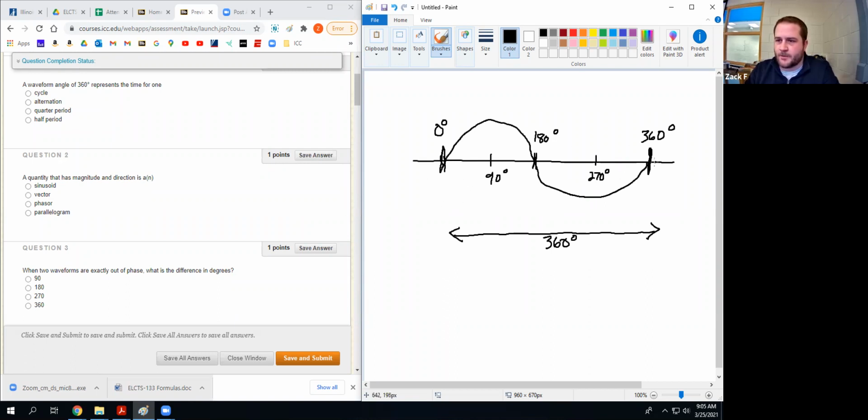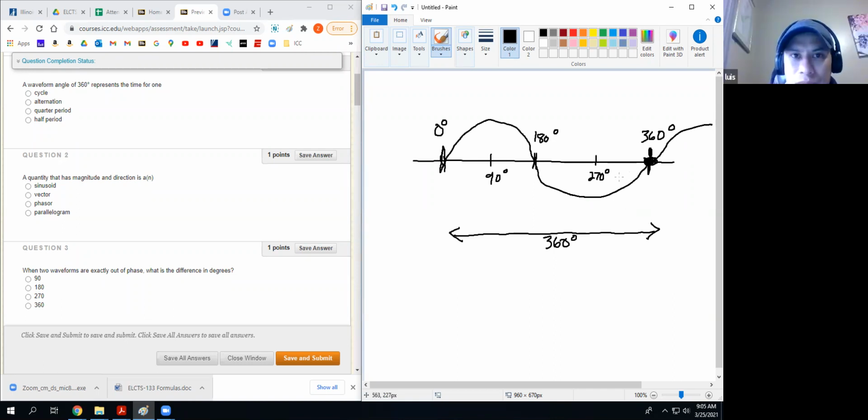So then what happens after this point? Go back to 0. It just starts over. Now, how many times does that cycle happen per second? 60 times a second, 60 hertz. That's what the power company gives us.